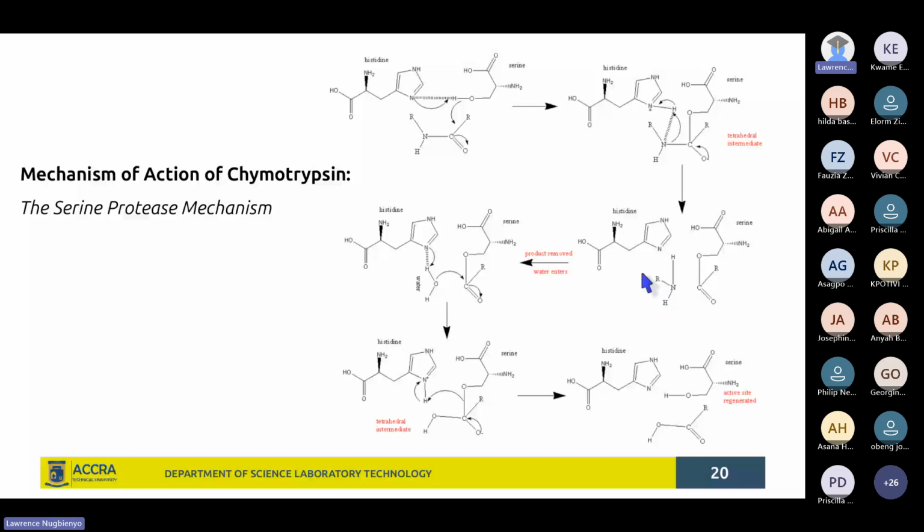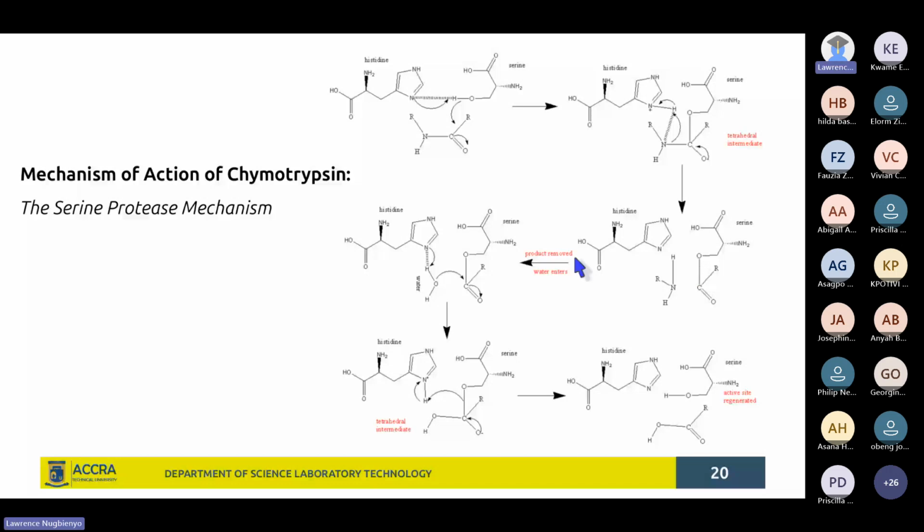But you see that the amino acid of the C terminus involved in the peptide bond is covalently bonded onto serine, but of course that is just a temporary covalent interaction, and eventually you have water in that process.